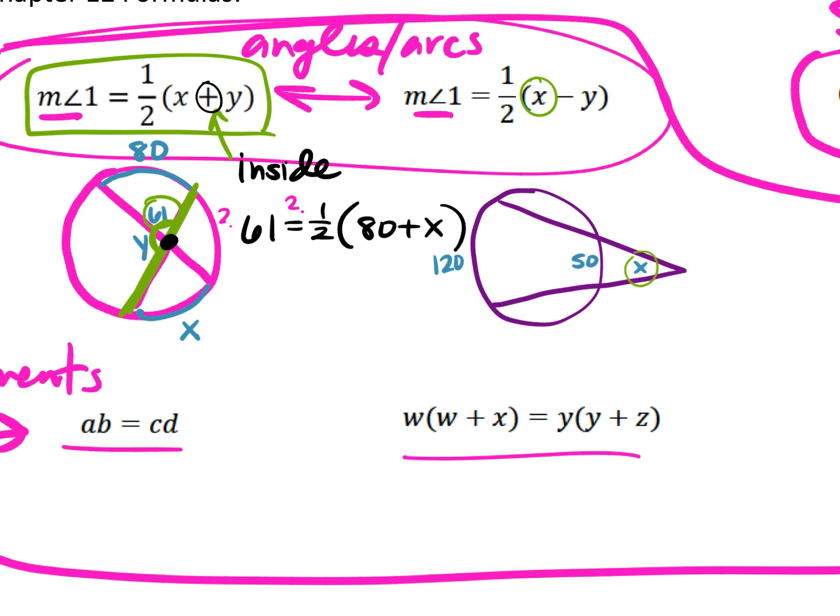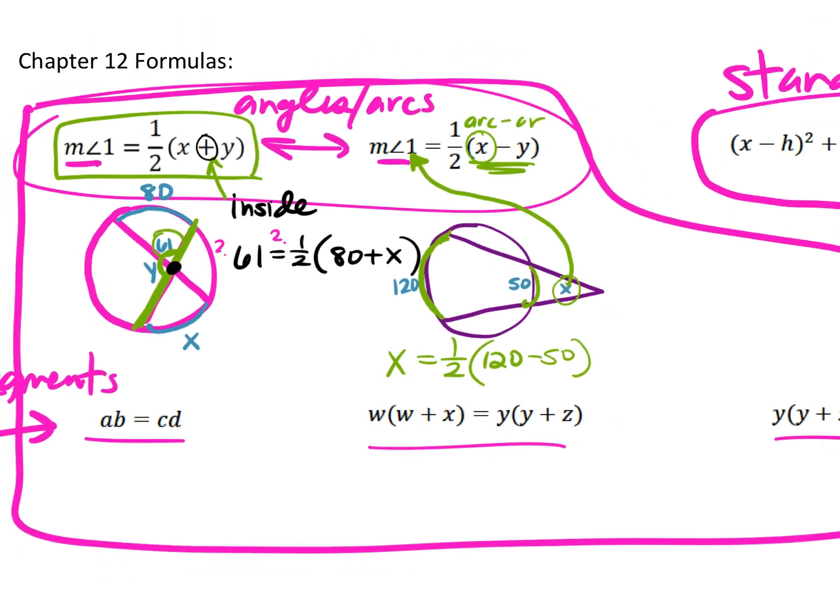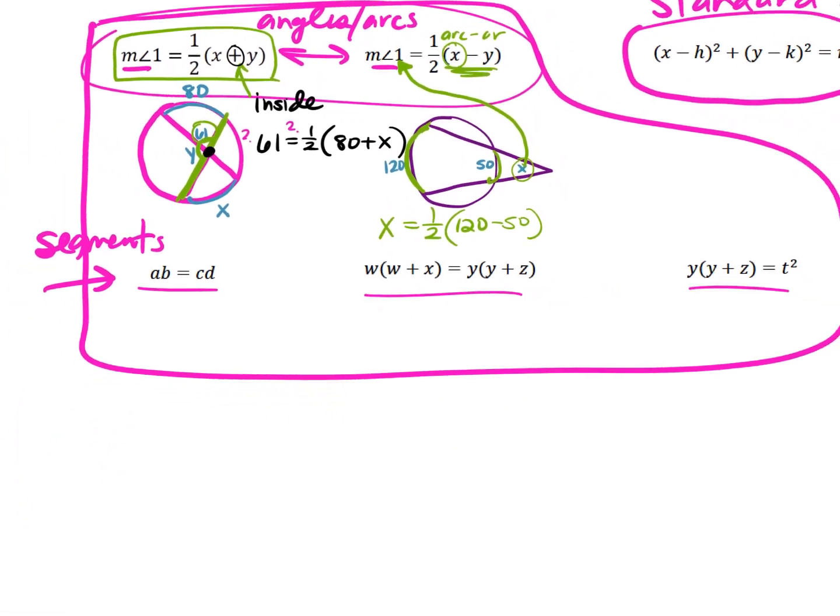This X is not this X. This X right now represents the angle. So you would say the angle equals half, and then this is arc minus arc. So bigger arc minus smaller arc, you would go 120 minus 50 and solve that. So that's angles and arcs.